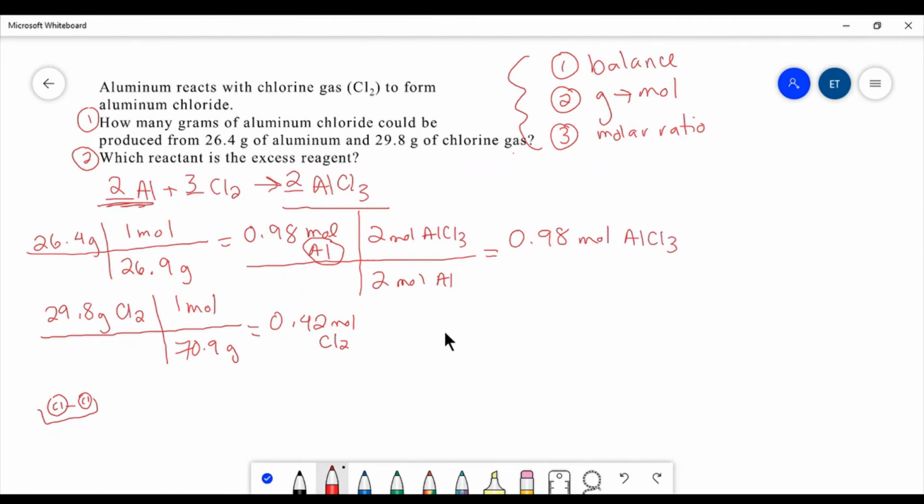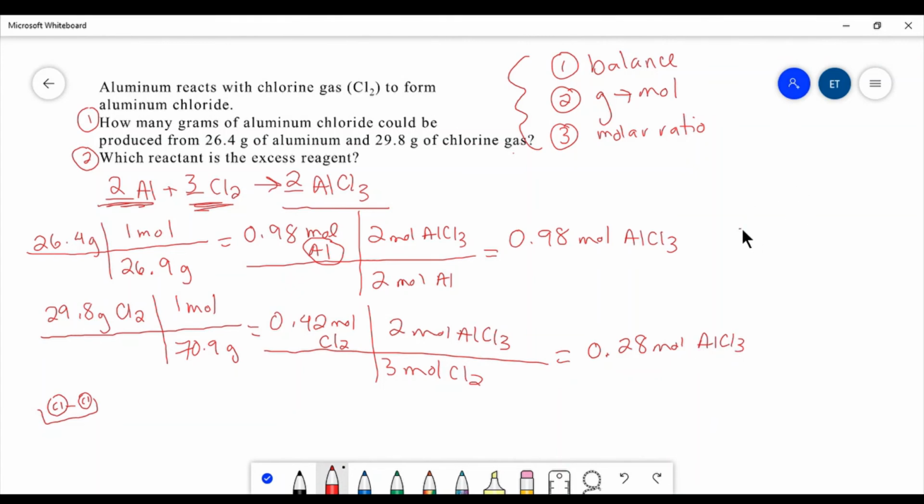So we're going to have 0.98 moles of aluminum chloride. And for chlorine gas, we know that per every 3 moles, we are going to need 2 moles of aluminum chloride. And this is going to give us a total of 0.28 moles of aluminum chloride.